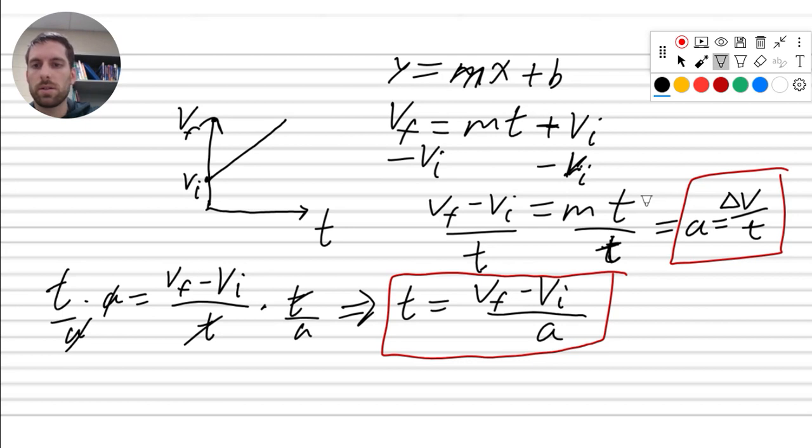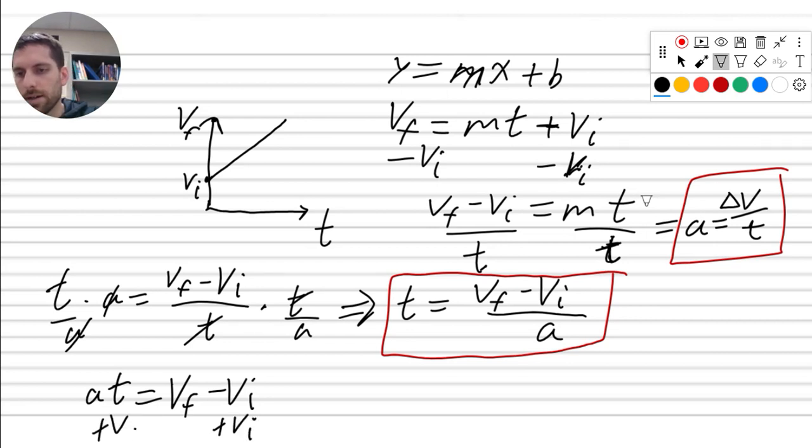So from this, instead of dividing that out, we can just multiply by t instead of dividing by a, and get a times t equals vf minus vi. And then we can add vi, and we'll get vf, because vi will cancel out nicely. So I'll write that here. And I'll get vf equals at plus vi. That's our next one.